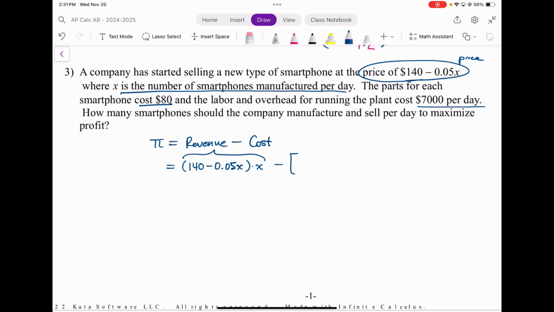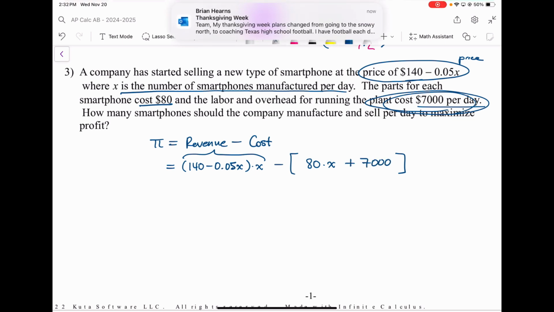Minus, I'm going to put in parentheses here, the cost. So it says the parts for each smartphone cost $80. So that's what we call the variable cost, right? So you would take 80 times however many smartphones you make, and that's the cost for making that many smartphones. And then regardless of how many smartphones you make, it always costs $7,000 per day to run the plant.